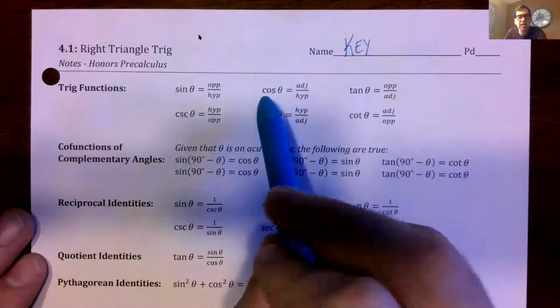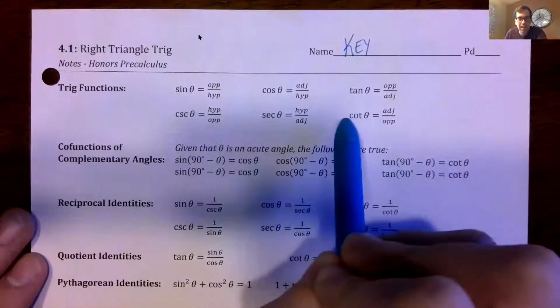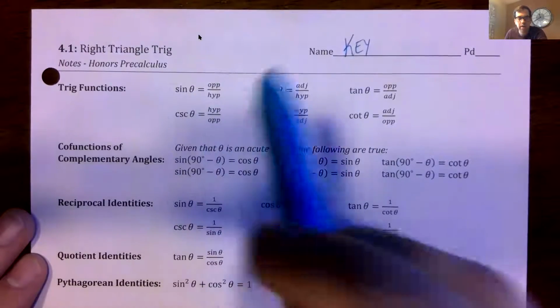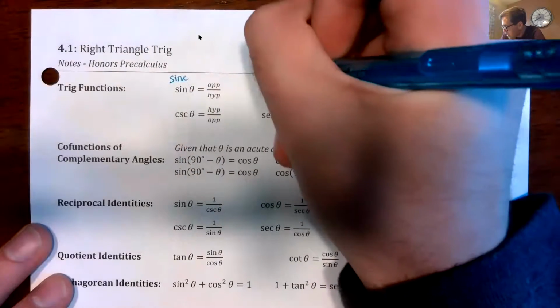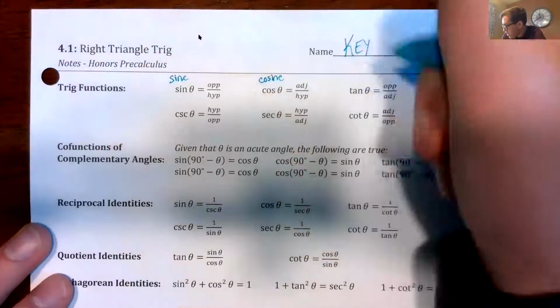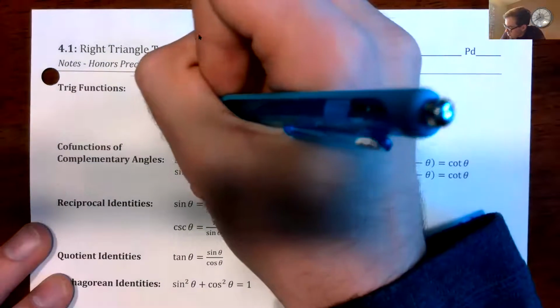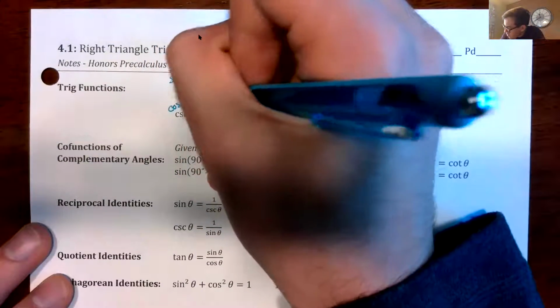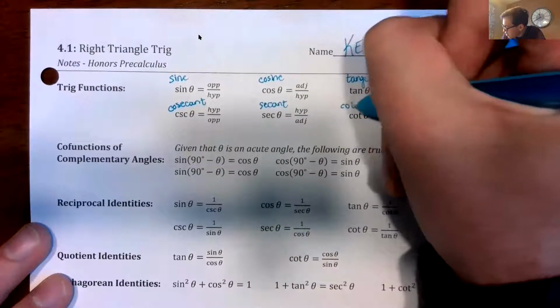We're going to say sine, cosine, tangent, cosecant, secant, and cotangent. You can even write those down if you want. This is how you spell them out: sine, cosecant, secant, and cotangent.